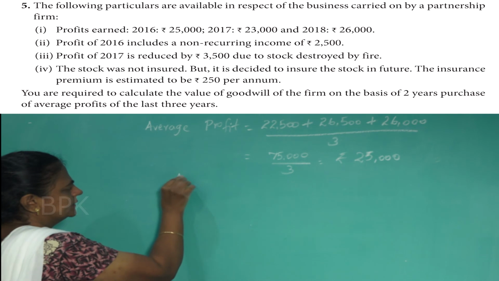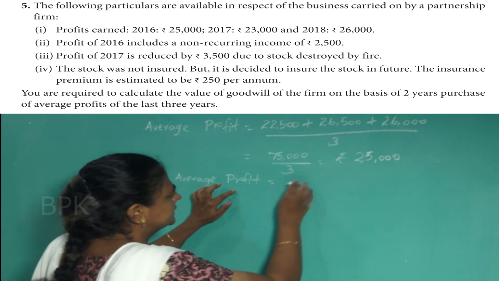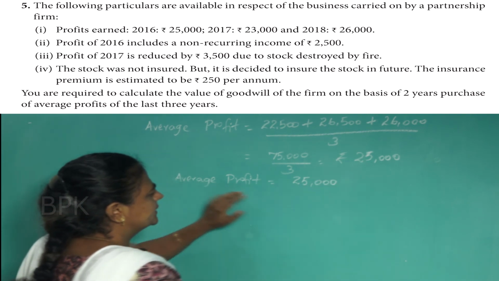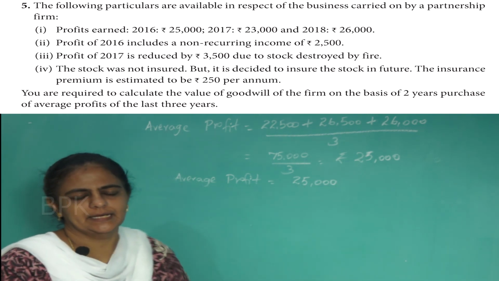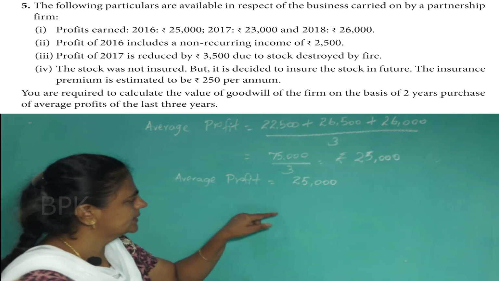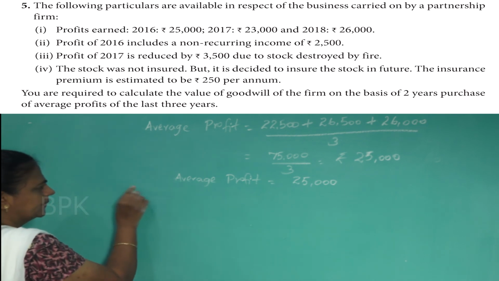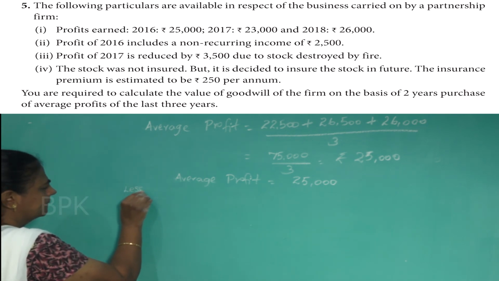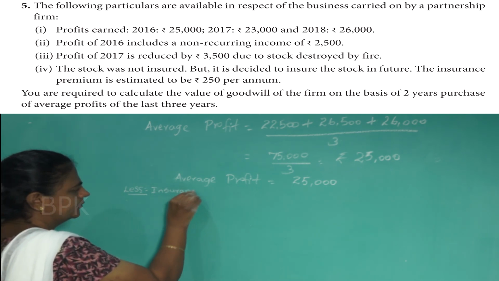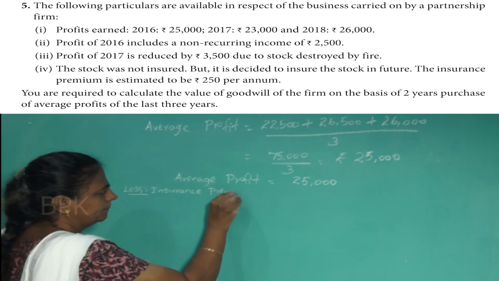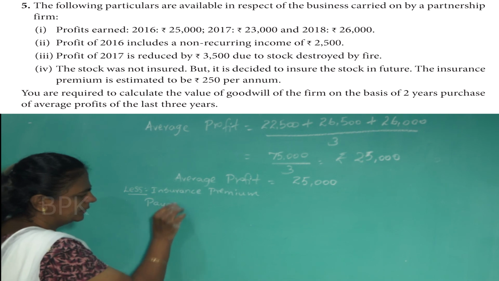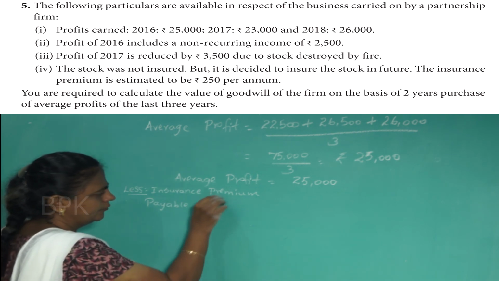So you have to write like this: average profit is 25,000. In this average profit, what is given? The insurance premium is given. You have to pay in future, that should be subtracted, less insurance premium payable in future.